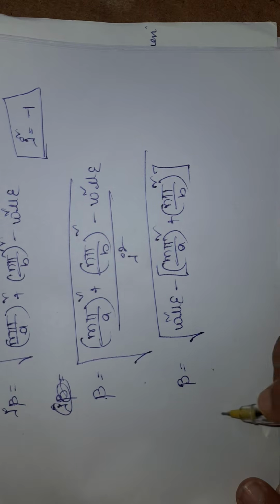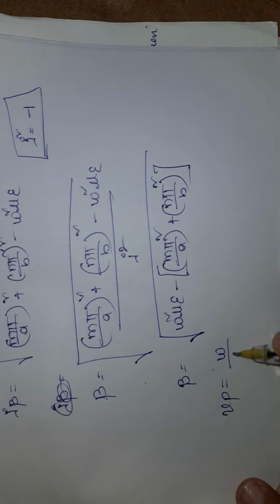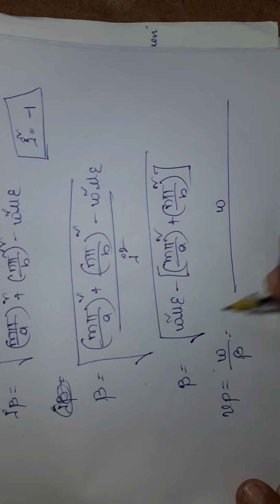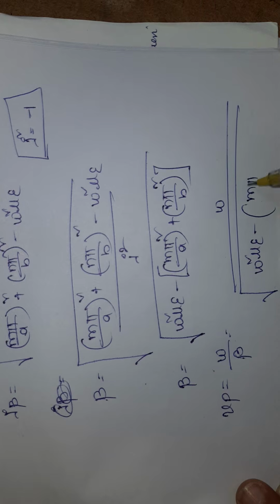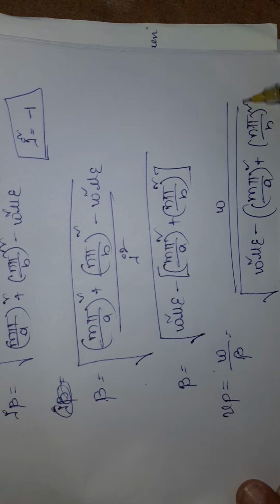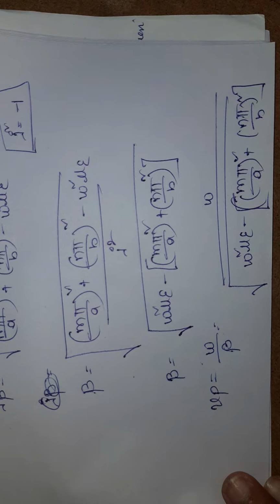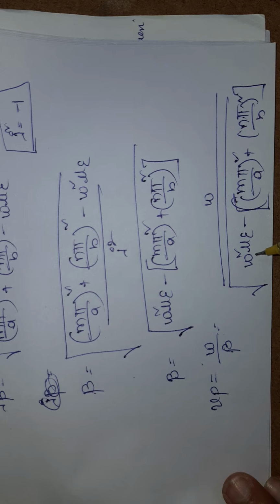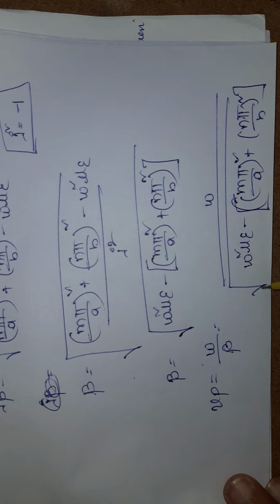Now what is Vp? Phase velocity is equal to omega by beta. So omega by beta is nothing but omega divided by the square root of omega square mu epsilon minus m pi by a whole square plus n pi by b whole square. Right? So I am taking omega square common inside and bringing it out from the square root. So I will get omega outside.